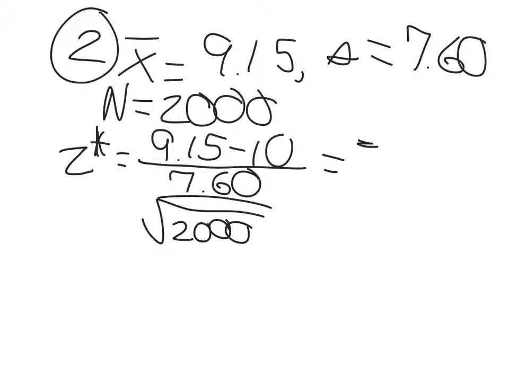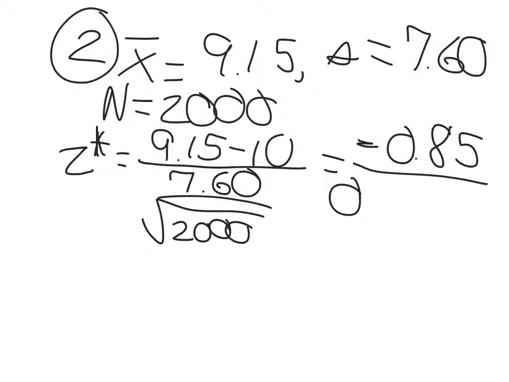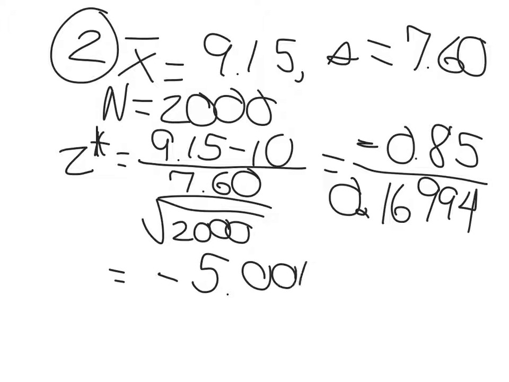And that's going to give me minus 0.85 in the roof over positive 0.16994 in the basement, and it's going to settle down to minus 5.0017, something like that. I went decimal happy. Okay, so that's our test statistic, actually just very close to minus 5 itself.